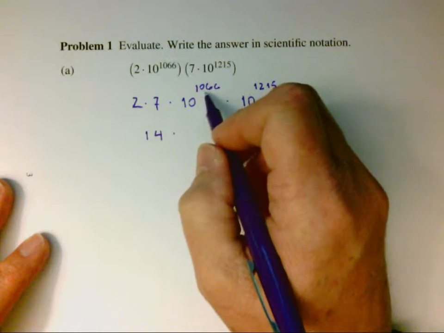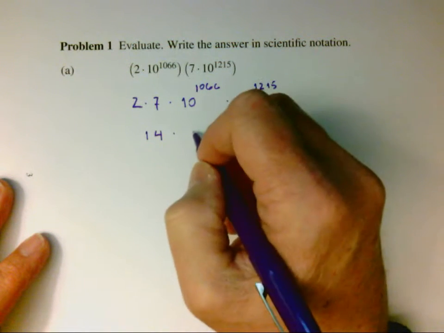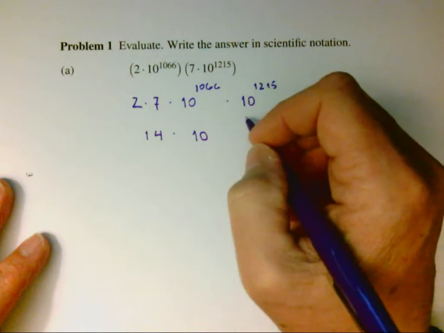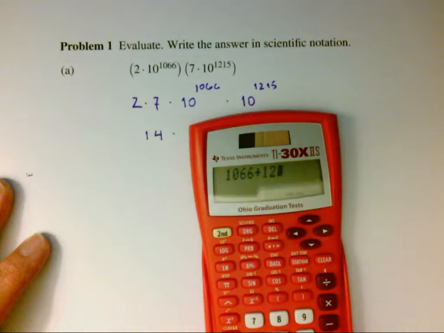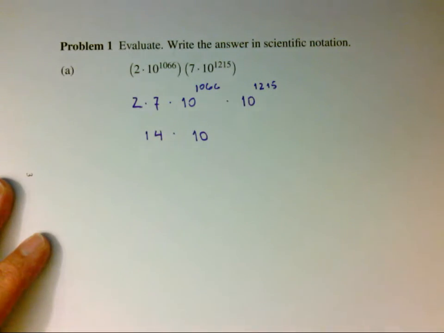10 to the 1066 times 10 to the 1215, as we saw in the last section, we'll add those exponents. 1066 plus 1215 is 2281.